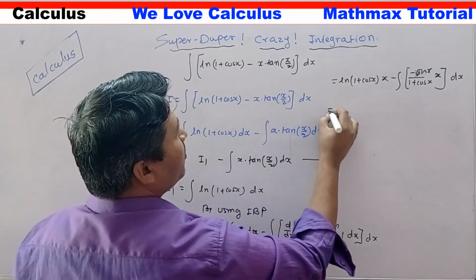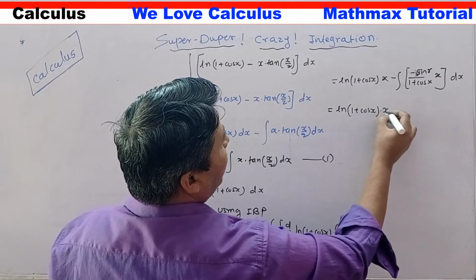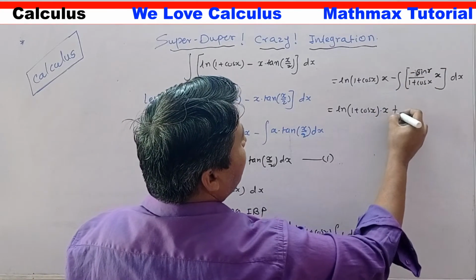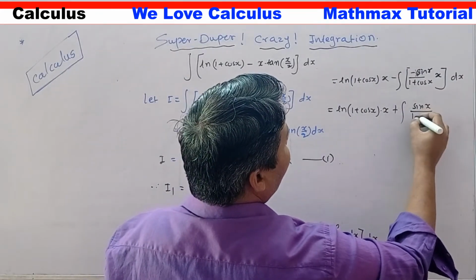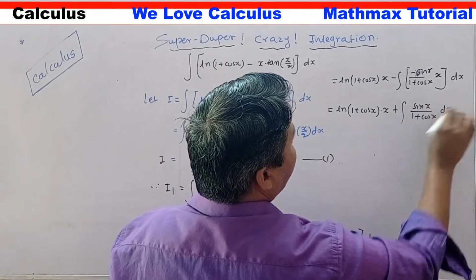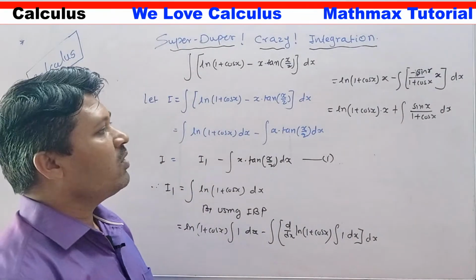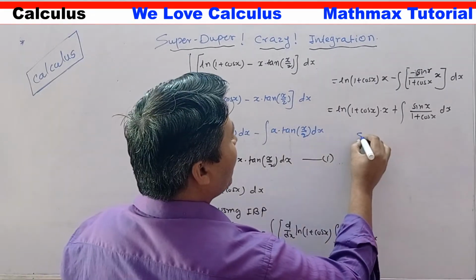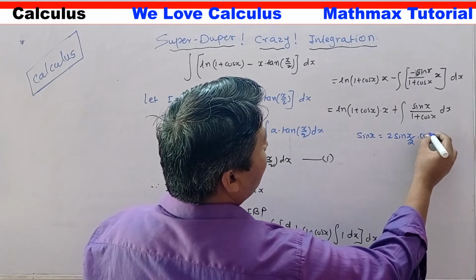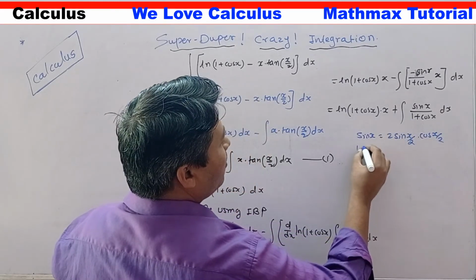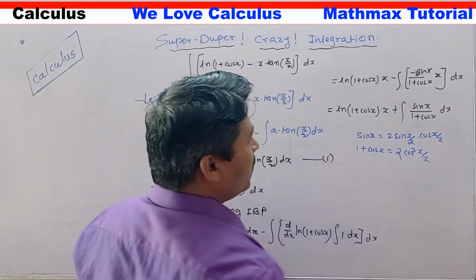We can write the simplification as ln(1 + cos x) times x, plus the integration of sin x upon 1 + cos x times x dx. Now to find this, we know the formula: sin x is equal to 2 sin(x/2) cos(x/2), and 1 + cos x is equal to 2 cos square(x/2).